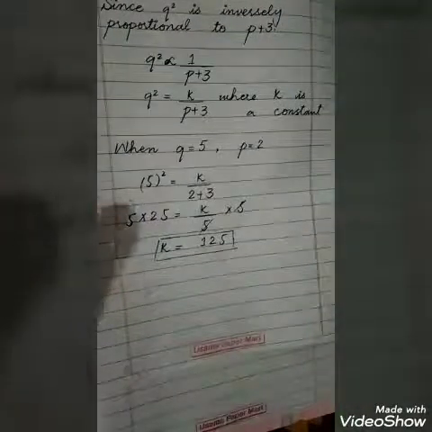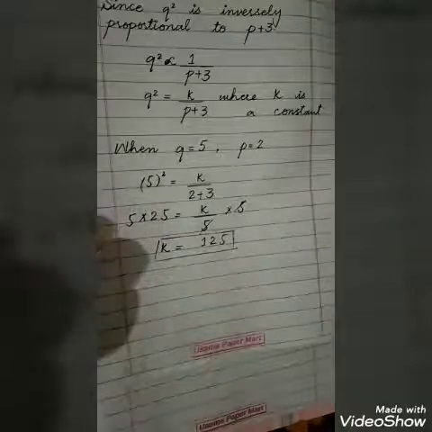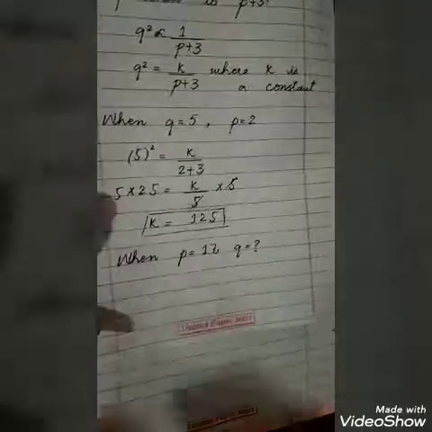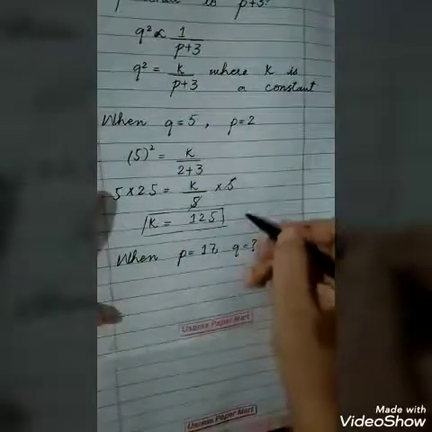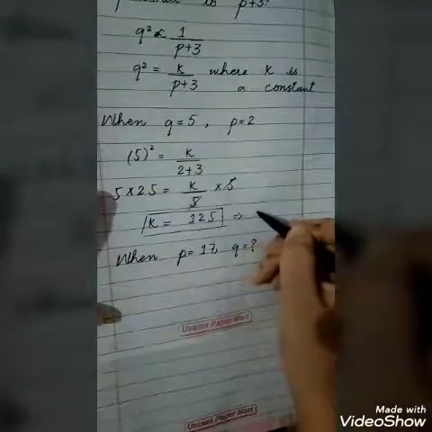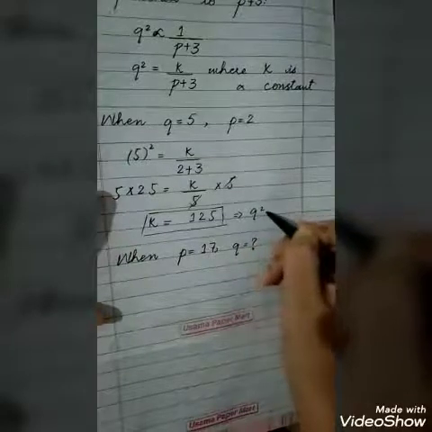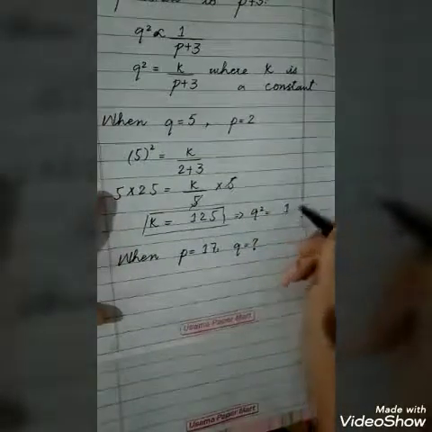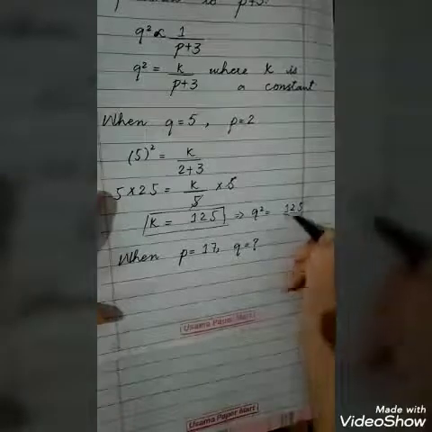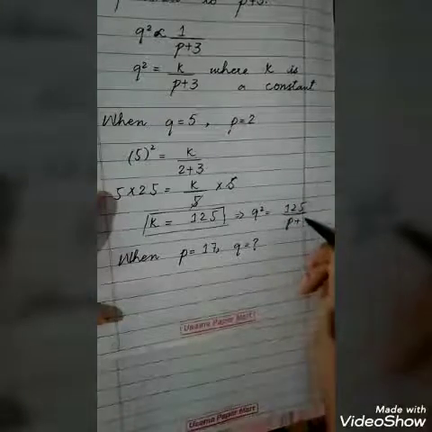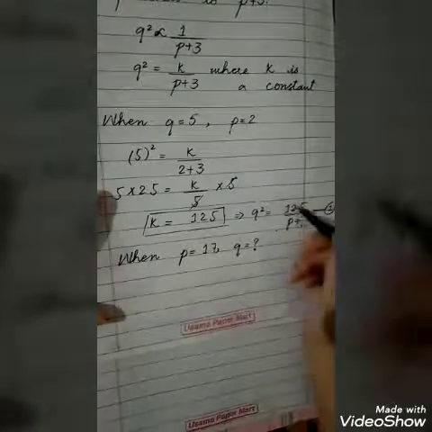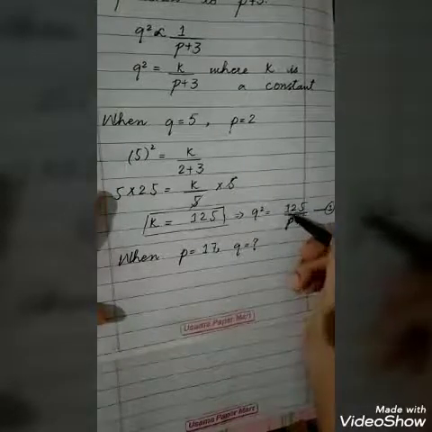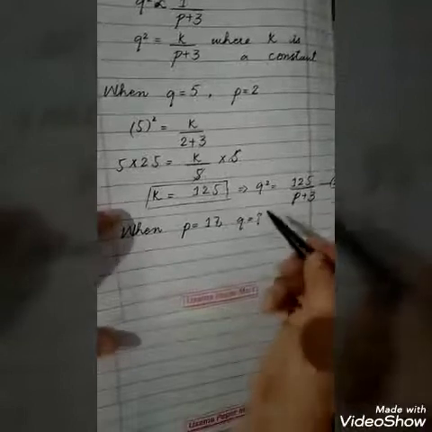Now, what is the next value given? We will make the equation by placing the value of k. It will be q square is equal to 125 by p plus 3. This is the general equation. We will place the values here to find our required value.